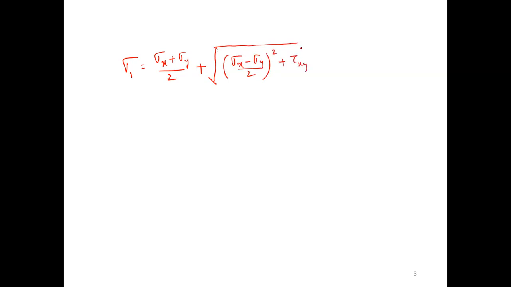The major principal stress is computed using sigma 1 equals sigma x plus sigma y by 2 plus square root of sigma x minus sigma y by 2 whole square plus tau xy square.